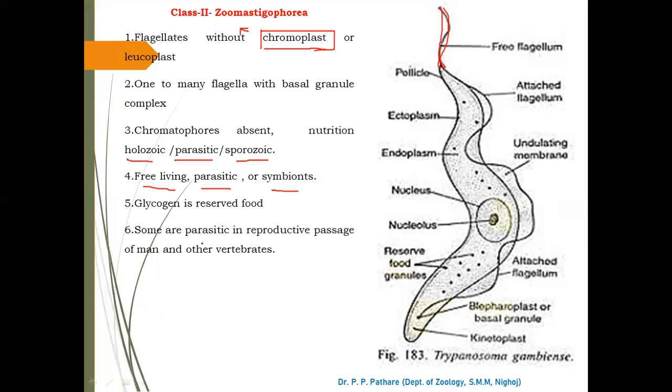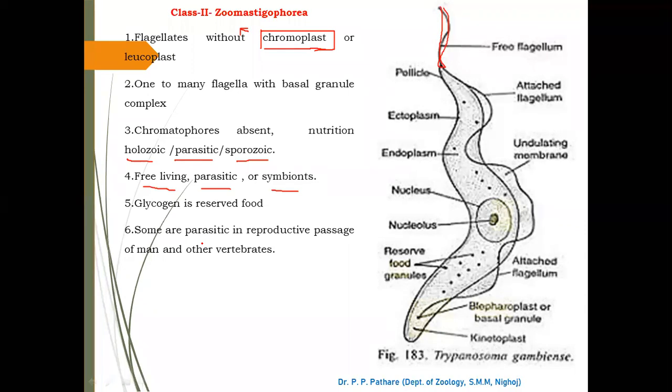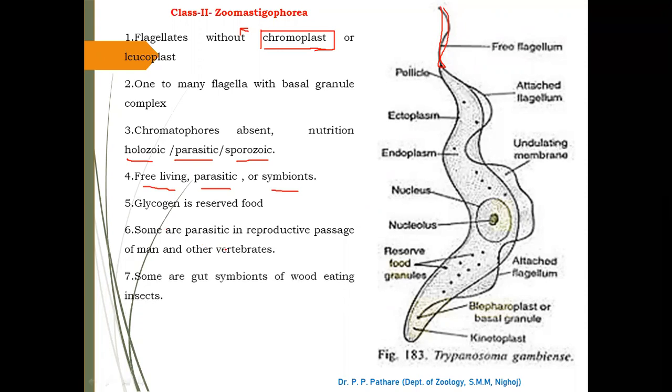They can eat whatever food material is present in the particular host body. समझ में आ रहा? These are some basic characteristics of your Zoomastigophoran.